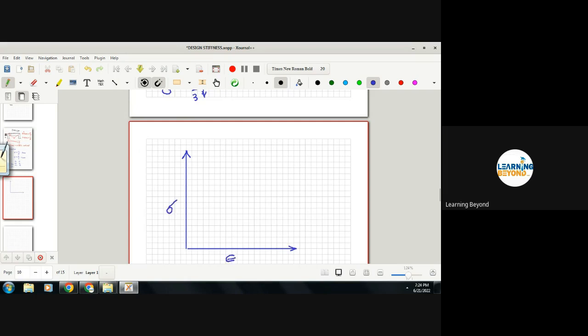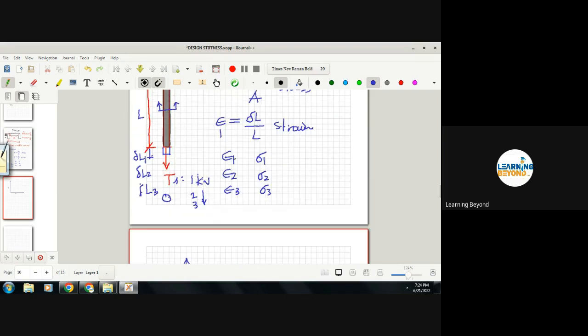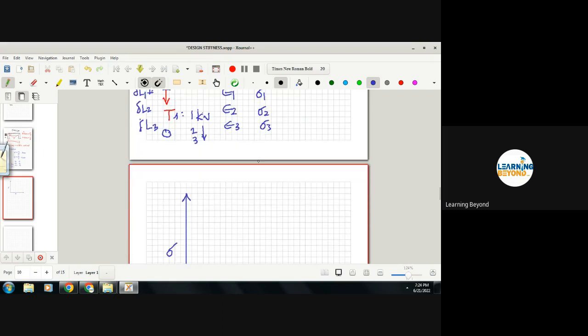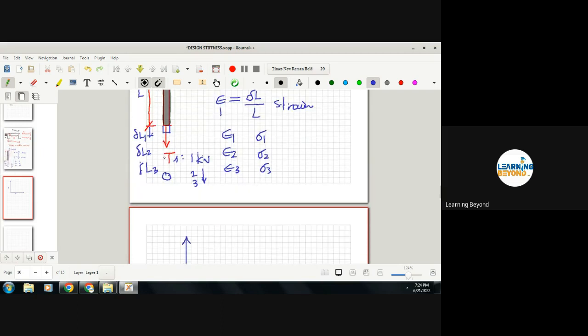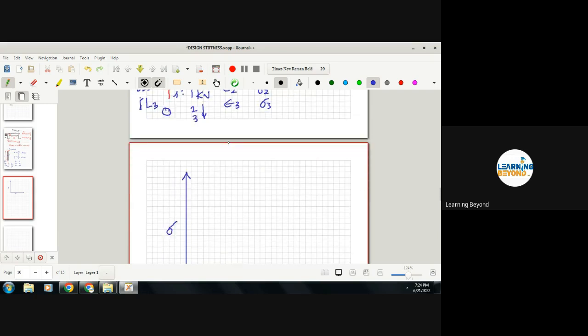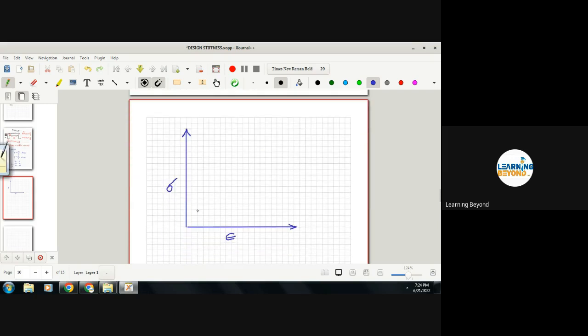You can plot this strain versus stress for every force. For T1 force, stress will be sigma 1 and strain will be epsilon 1. So if you go on plotting this, the graph may look like this. So let's say these are the points for every force increase.